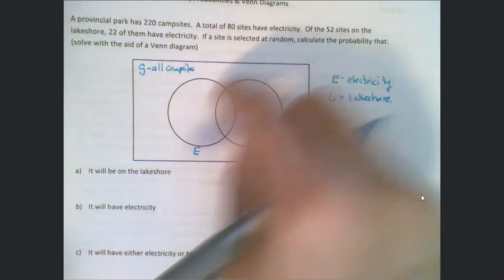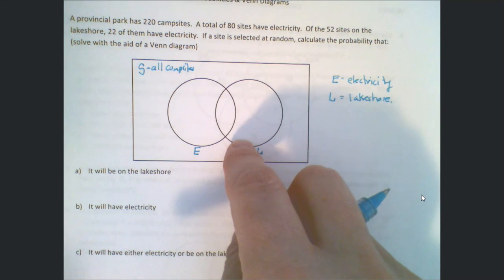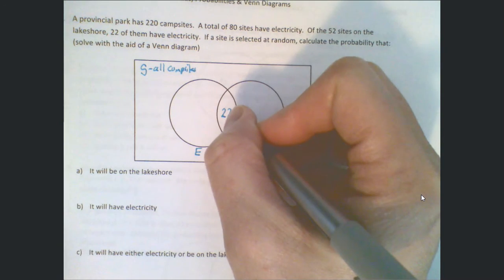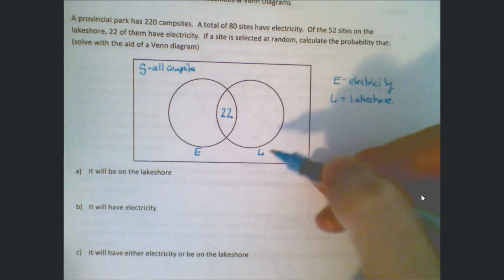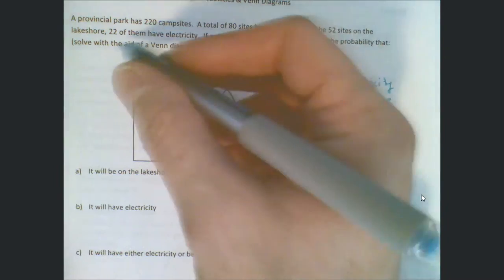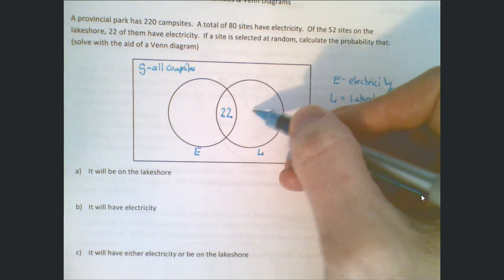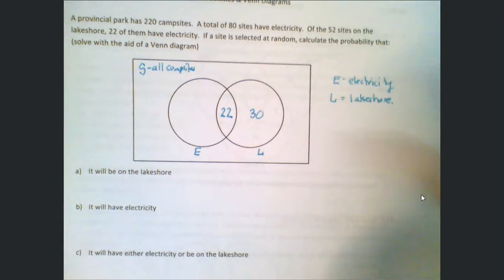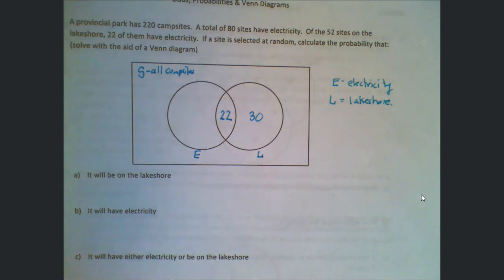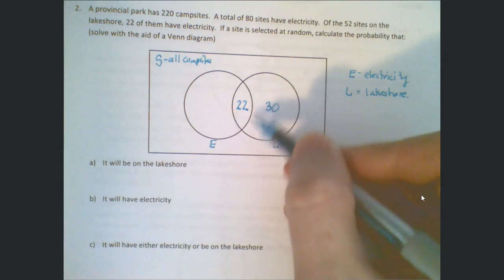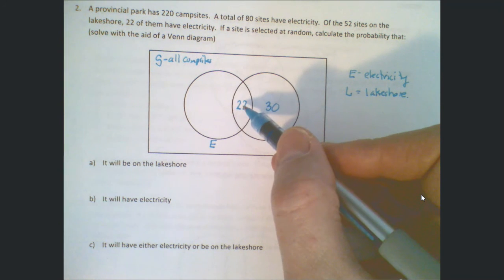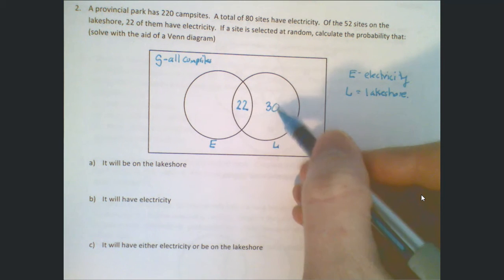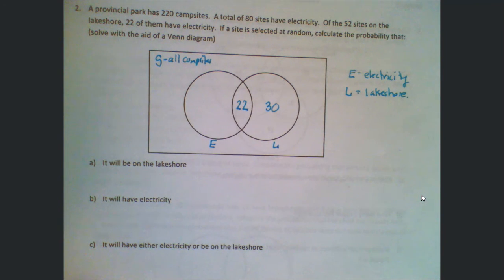So here's the set of lakeshore campsites. 22 of them have electricity. And there were 52 sites on the lakeshore. But if 22 of them have electricity, I can't write 52 here because that's too many. So I have to write 30. So 30 of the sites are on the lakeshore but don't have electricity. 22 of the sites are on the lakeshore as well and have electricity. So we've got 22, that makes a total of 52.